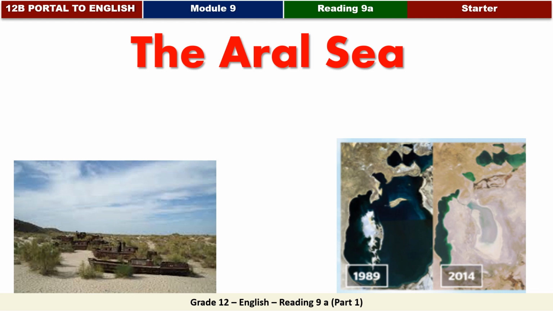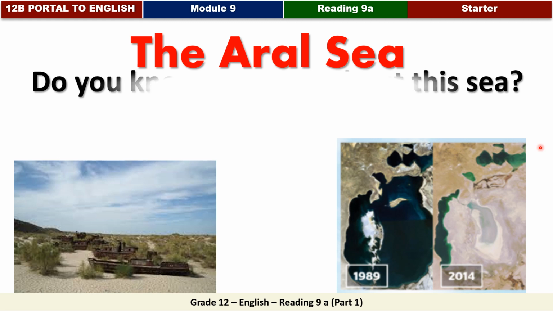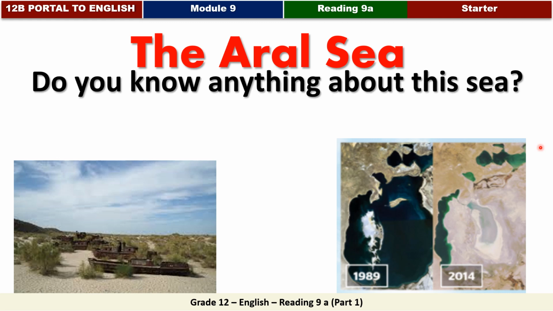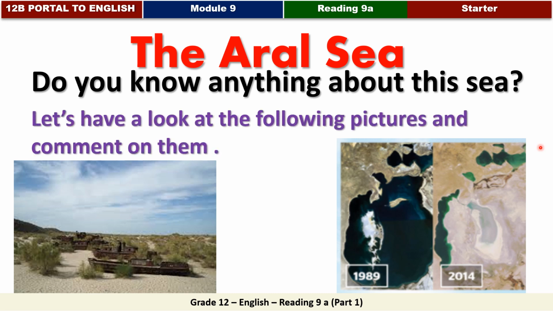When you say the Aral Sea, do you know anything about this sea? Okay, let's have a look at the following pictures and comment on them. What do you see in picture number 2 here? This is a picture of the Aral Sea in 1989.